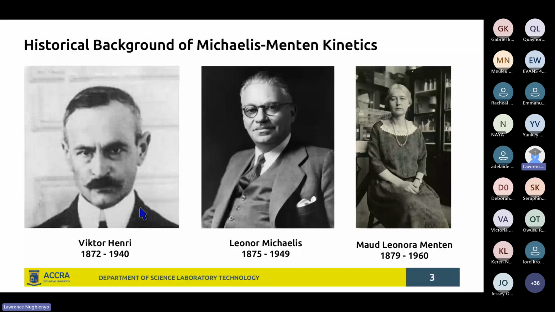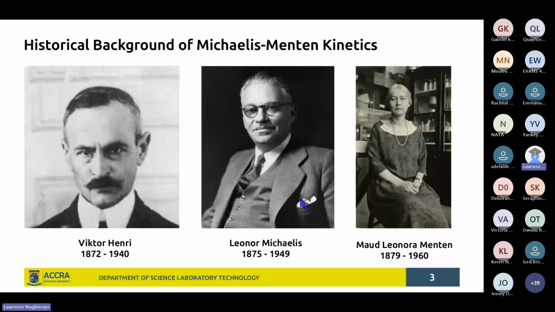It was after about, say, a decade that the German Leonor Michaelis, he was German, but he was Jewish. His parents were Jewish, but born in Germany, and was working in the universities. At the time, Leonor himself, though he was interested in doing scientific research, scientific research wasn't something which fetched money.